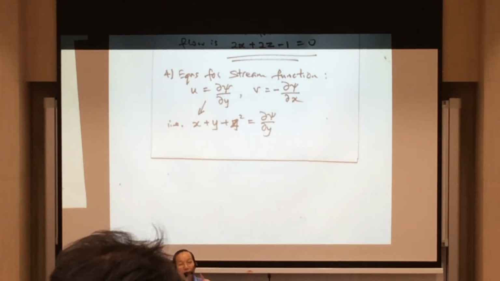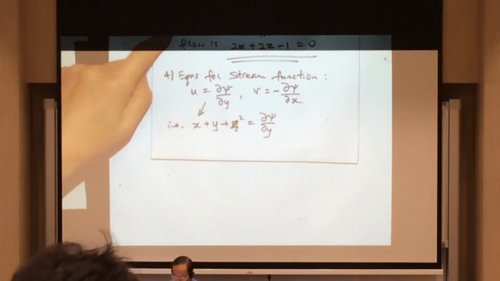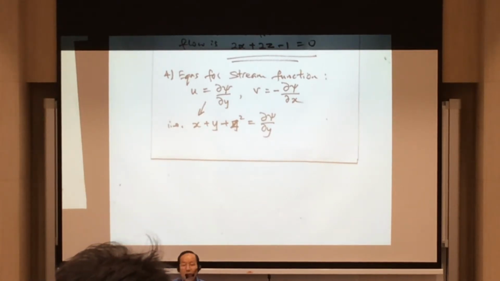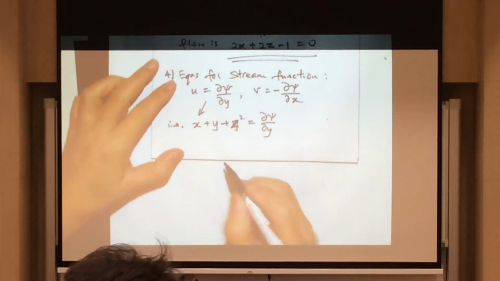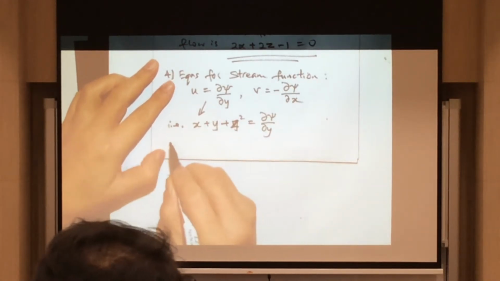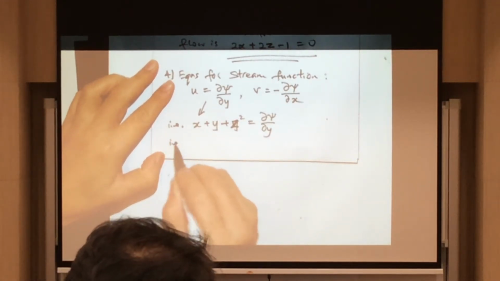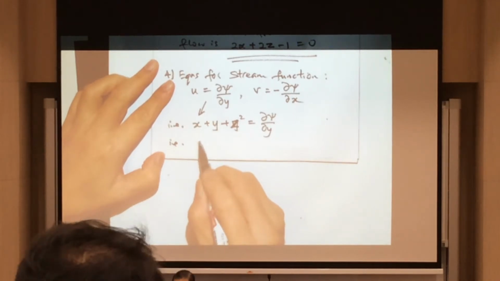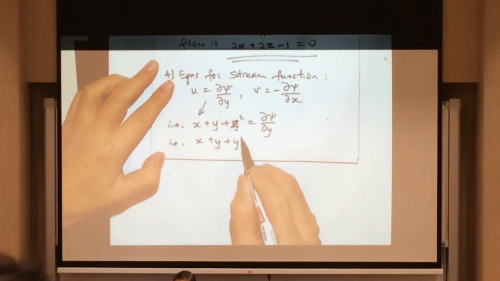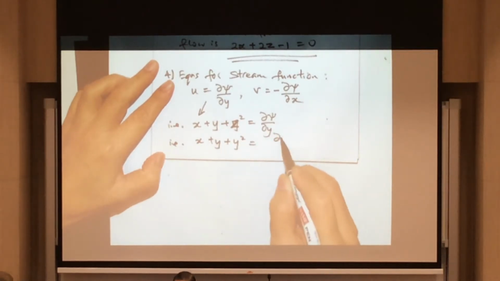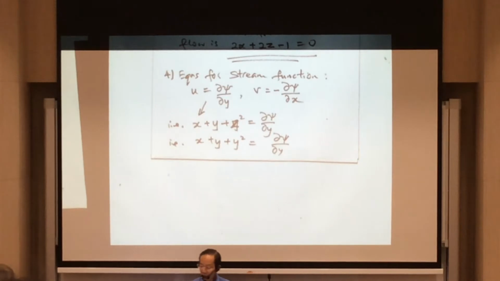But we already have a condition in part 3. What is our z? Z is actually y. So therefore, x plus y squared is equal to del psi del y, because we are still in the irrotational condition, z equal to y.